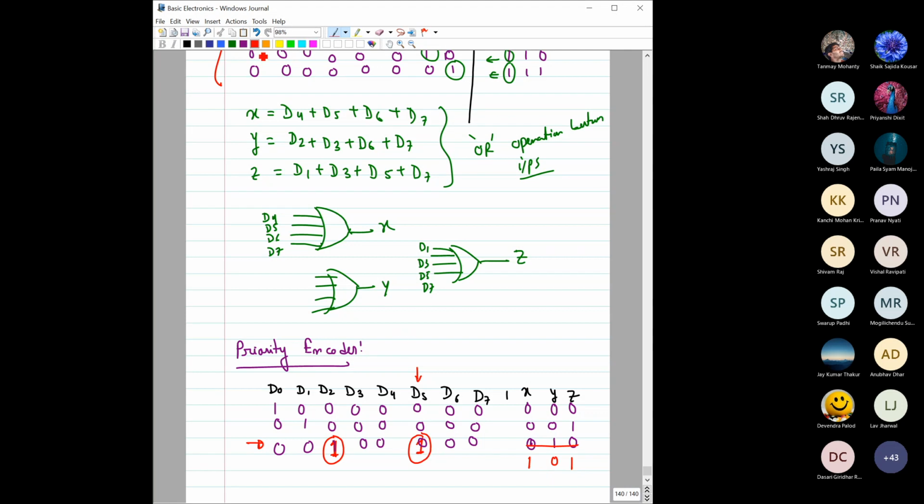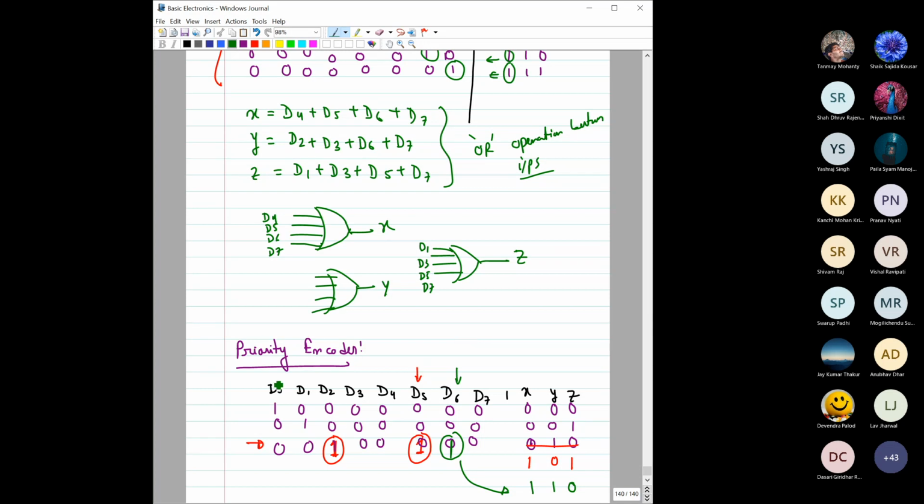Now suppose in another case this is also 1, so this is 1, this is 1, this is 1. In that case D6 has the highest priority among all these, and the priority encoder will produce the output equivalent to 6. So the output will become this. You understand my point?